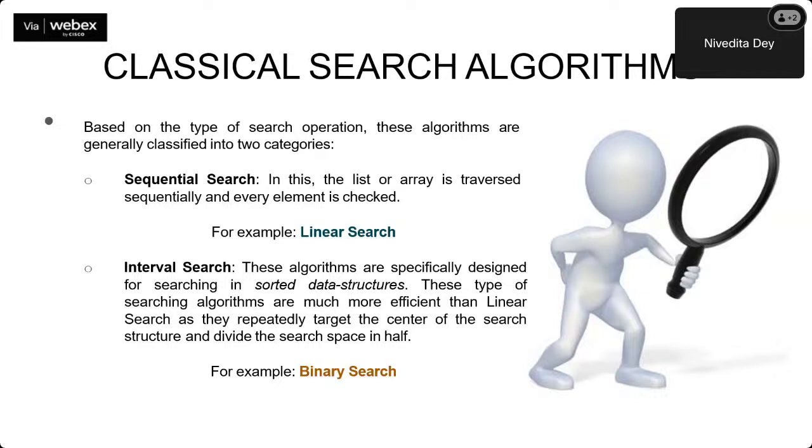There is another very famous searching algorithm known as binary search. What binary search does is it splits the given array into half each time, and based on that it searches for a particular item. For binary search there is one prerequisite: your array has to be a sorted array.